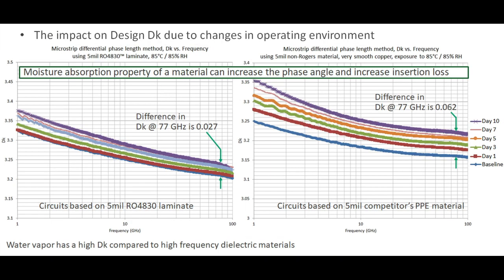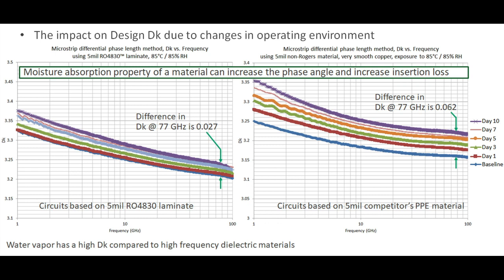Another item to consider is moisture absorption, and a worst case scenario for moisture absorption is a circuit at elevated temperature and high moisture absorption. The test that we're showing here is based on a conditioning environment of 85-85, and what I mean by that is 85 degrees C, 85% relative humidity. In this test we initially condition the circuits per IPC, and then we take a baseline measurement.